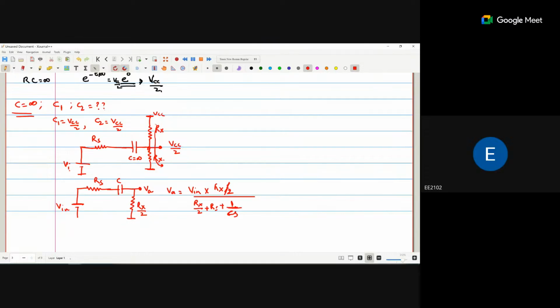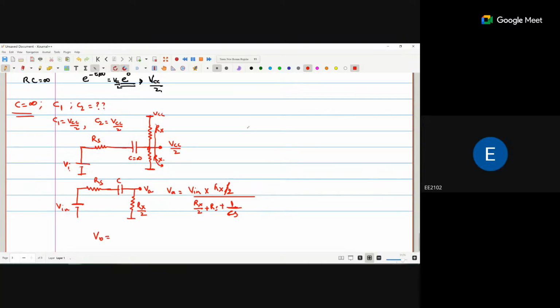That is the VA. We are considering two voltages. One is because of VCC, where we get VCC by 2, which is the DC voltage. Along with that, Vi may be an analog voltage or maybe a DC voltage. Because of this Vi, we get the voltage VA. So what is the output voltage?